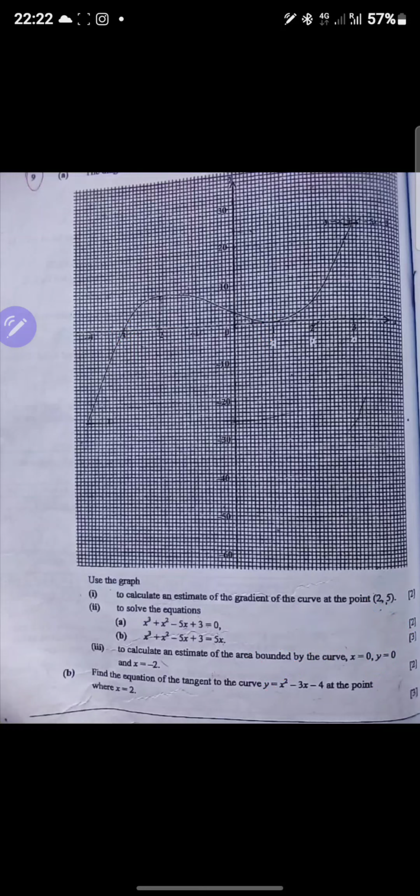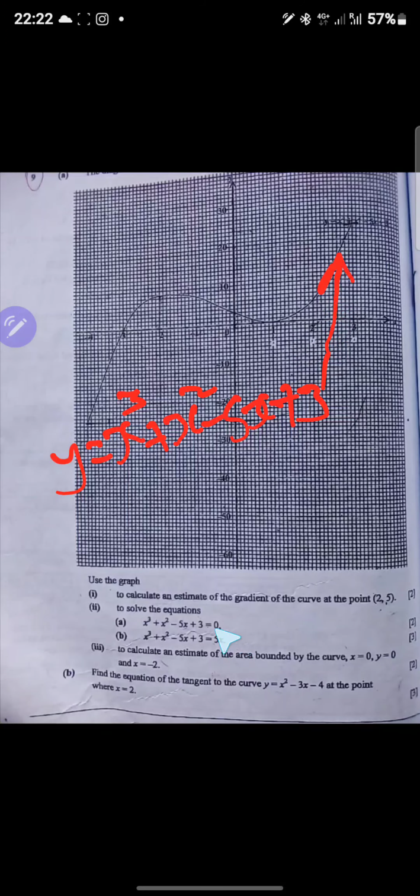It's the same question. Now if you compare this equation, y is equals to x to the power 3 plus x squared minus 5x plus 3. This is the equation for this curve.